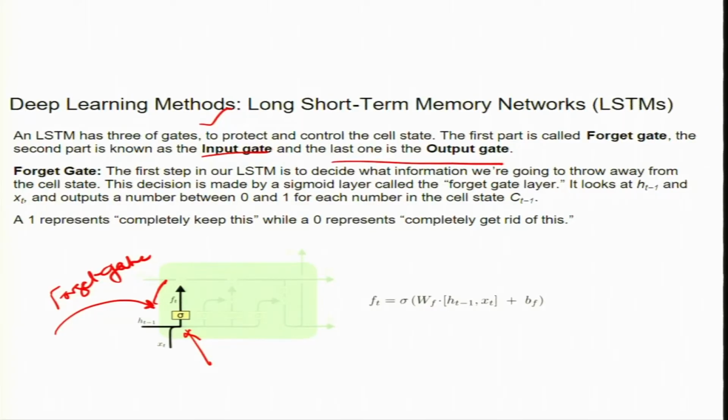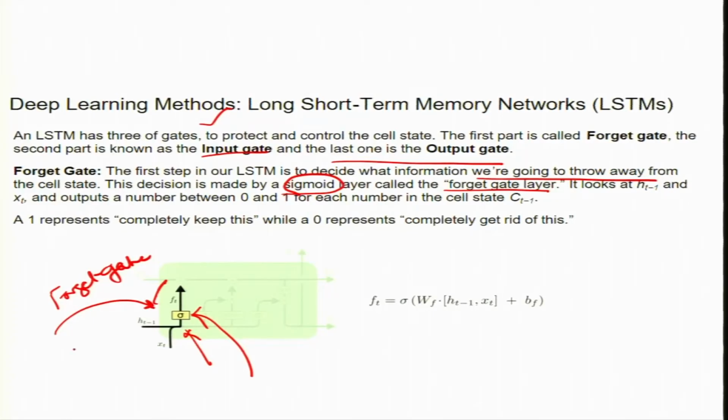The forget gate is the first step of the LSTM, to decide what information you are going to throw away from the cell. This decision is made by this sigmoid layer, also called the forget gate layer.